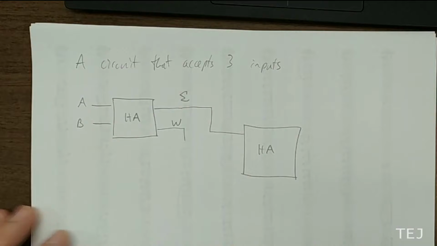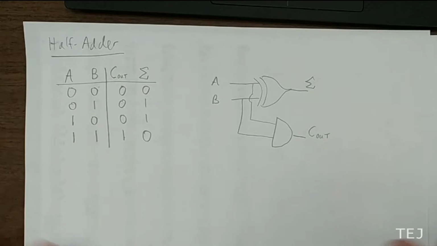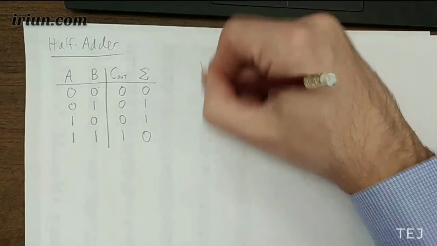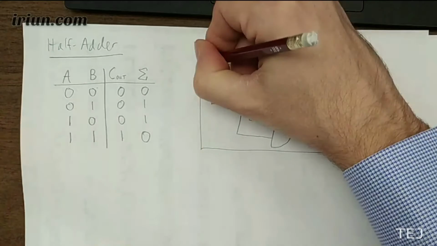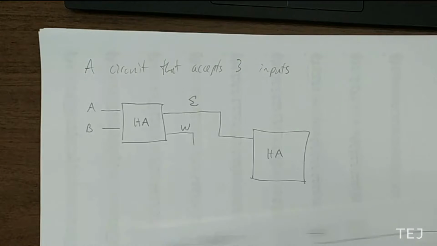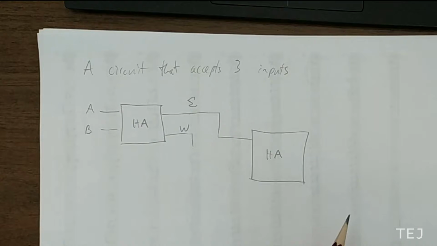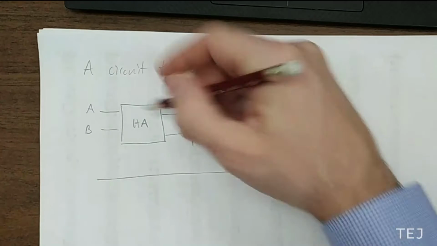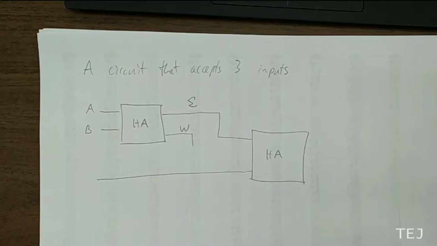So what we had on this past slide is now in the square. That's the half adder, okay? And we showed the truth table. So we're going to have a third thing here. So let's think about this.